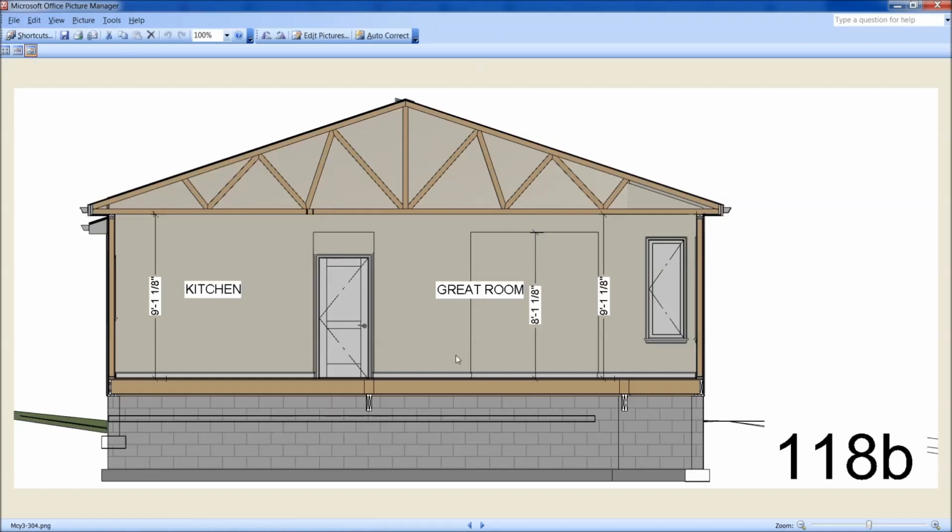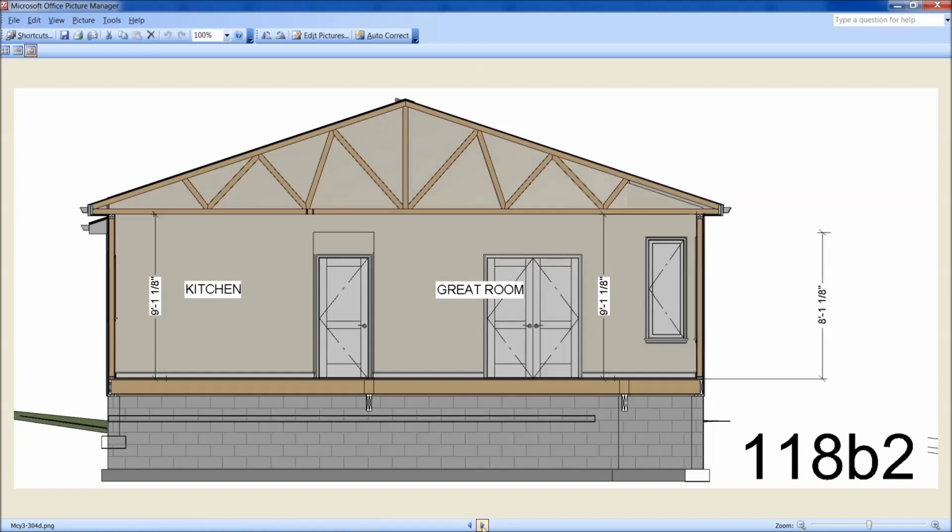You may want those closed down some though, or you may want this one actually as a framed opening. That's a 5 foot wide opening with doors, either swing doors or pocket doors. So that's something to think about with that particular door there, what happens with that there.